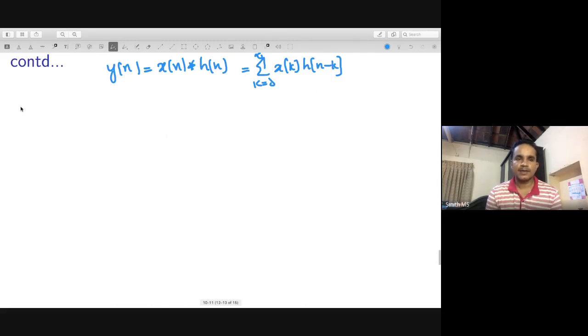Suppose the signal that we considered in the previous slide, 1 2 1 2, is x[n], and we consider h[n] as 1 2 3 4.